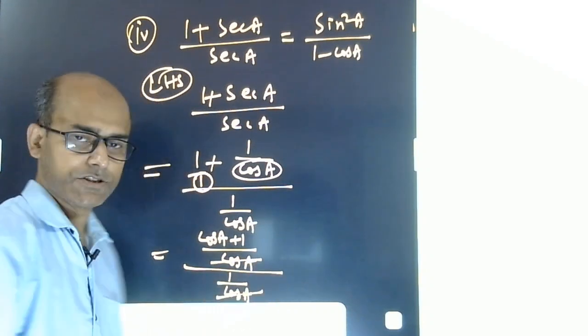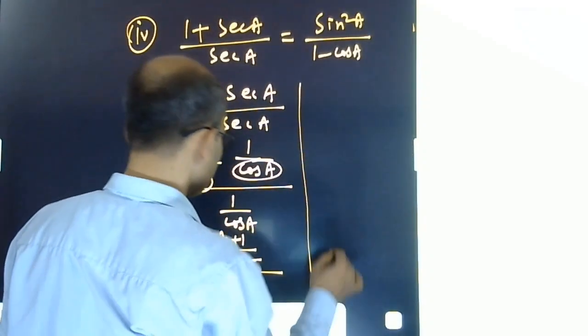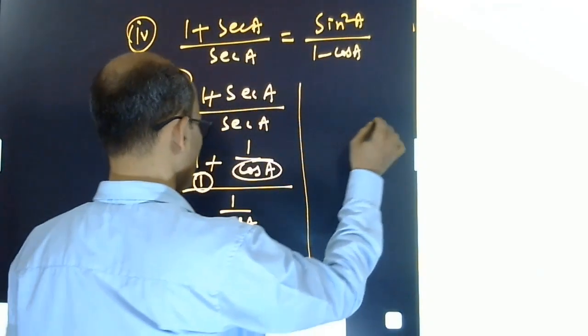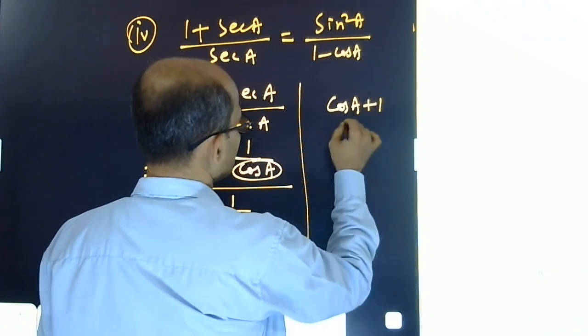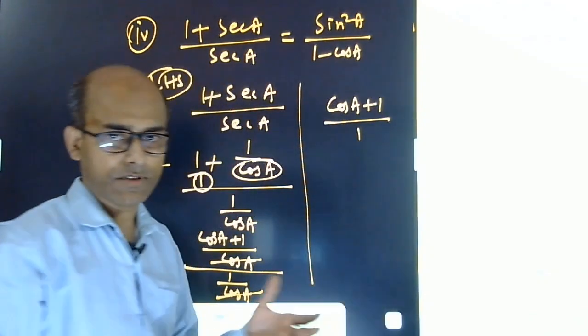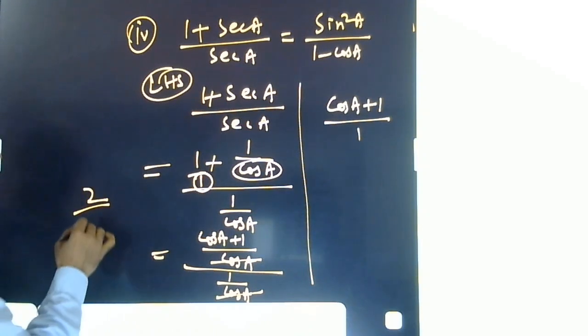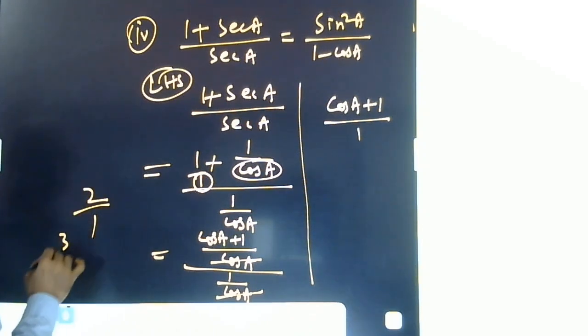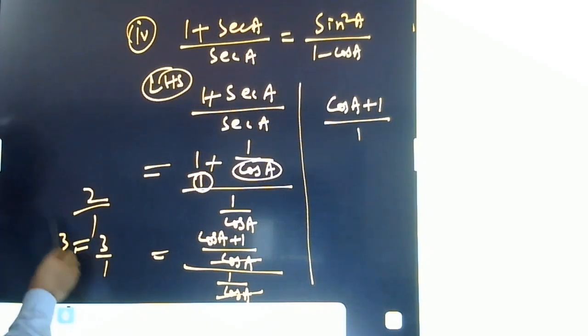Right now we can see that we have obtained cos A plus 1 divided by nothing but 1. If you write 2, then you write 2 upon 1. Exactly 3. If you have written 3, it means 3 upon 1. So there is nothing unusual in it.